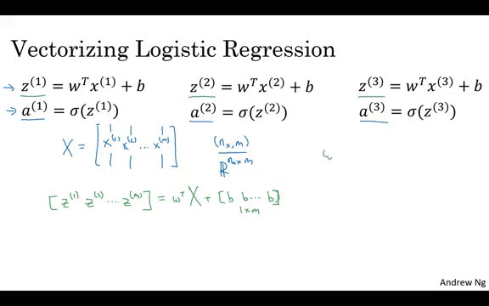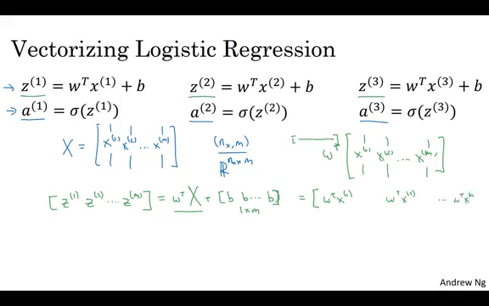Depending on how familiar you are with matrix multiplication, you might see that W transpose times x1, x2, and so on through xm, where W transpose is a row vector, will evaluate to W transpose x1, W transpose x2, and so on, W transpose xm.